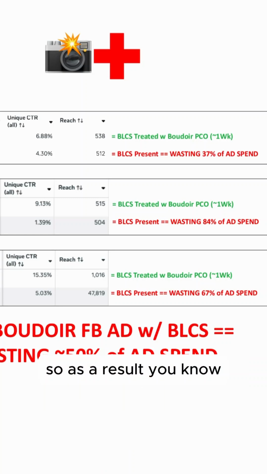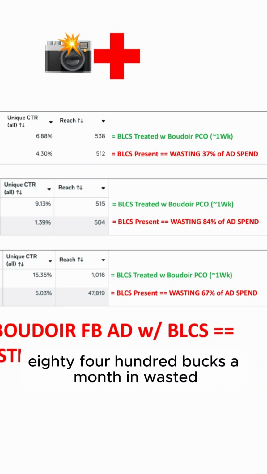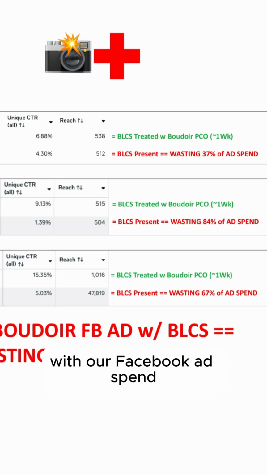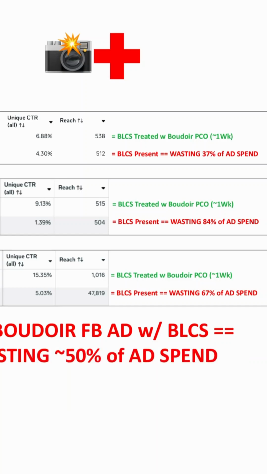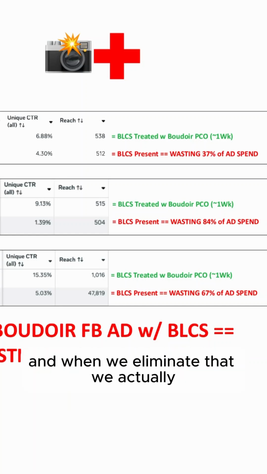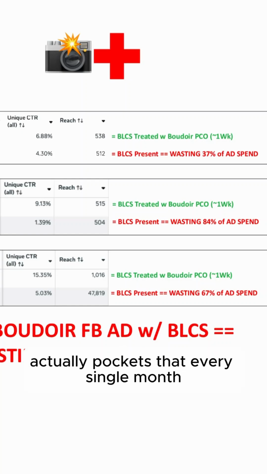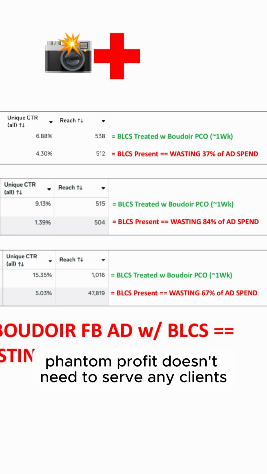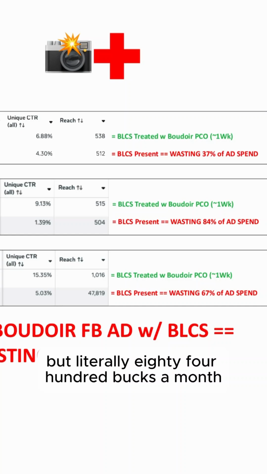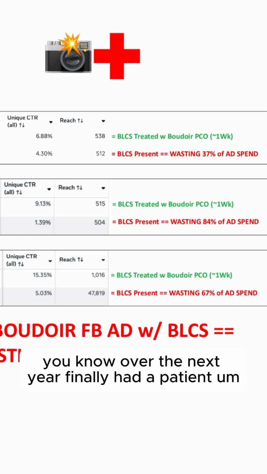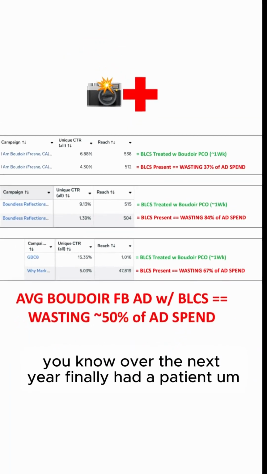As a result, we're eliminating $8,400 a month in wasted Boudoir Facebook ad spend. And when we eliminate that, the business owner pockets it every single month, kind of like a phantom bonus, phantom profit. They don't need to serve any clients, but it's literally $8,400 a month. That's like 100 grand over the next year.